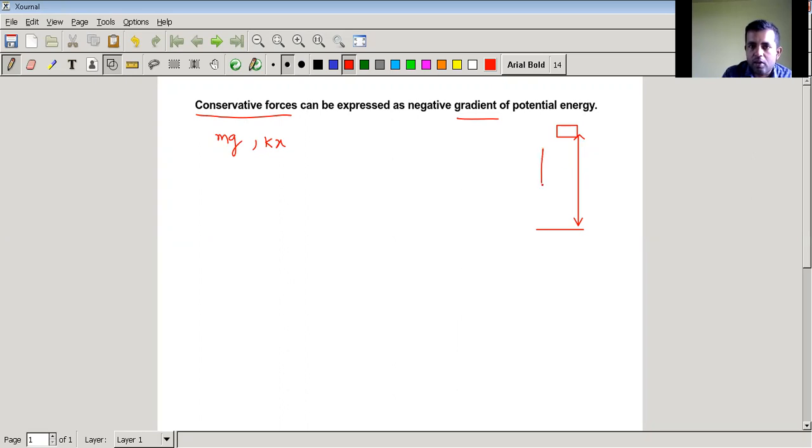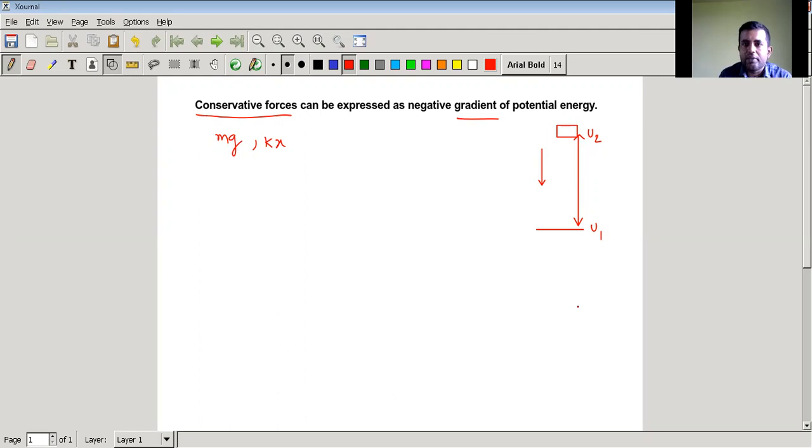But as it falls down, as you release it, this is the direction in which potential energy decreases. So if you take any two values while it is falling and subtract them, you will find that as it returns, this change in potential energy will be negative.